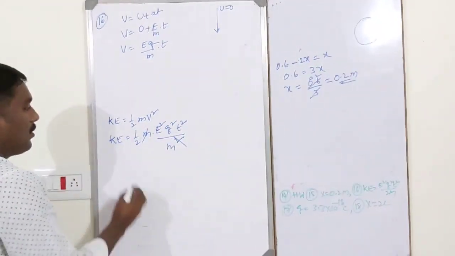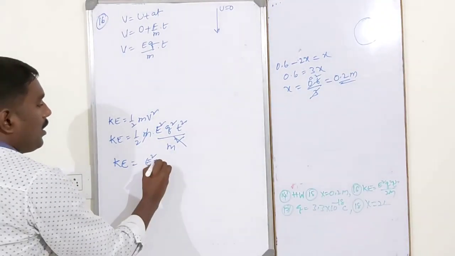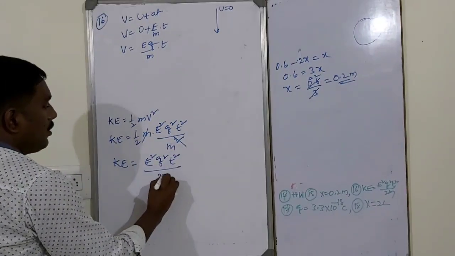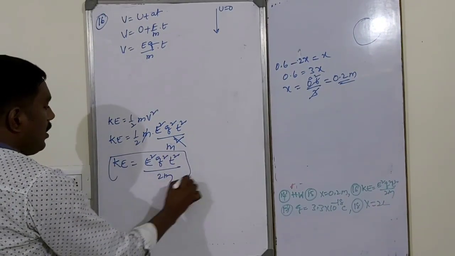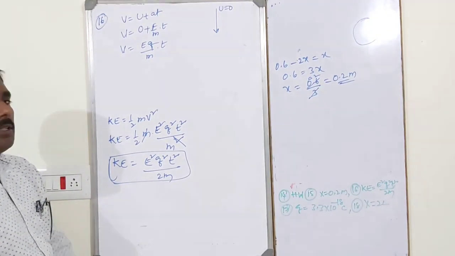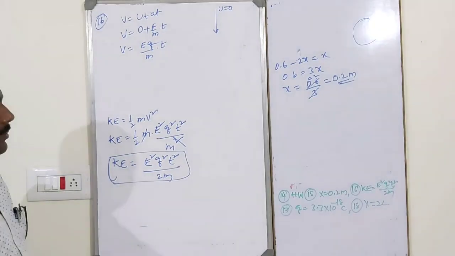One m gets cancelled out. The final answer is E square q square t square by 2m. This is the kinetic energy of the charged particle in the electric field. So, simple, just one more bit.